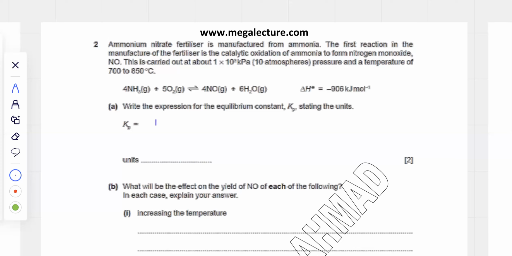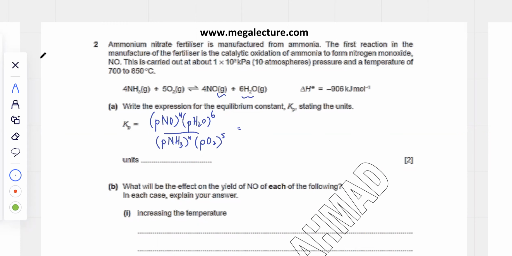So it's going to be the pressure of NO to the power 4, divided by the pressure of the other product, H2O, to the power 6, and the whole thing would be divided by the reactants, which in this case would be the pressure of NH3 to the power 4 and the pressure of O2 to the power 5.